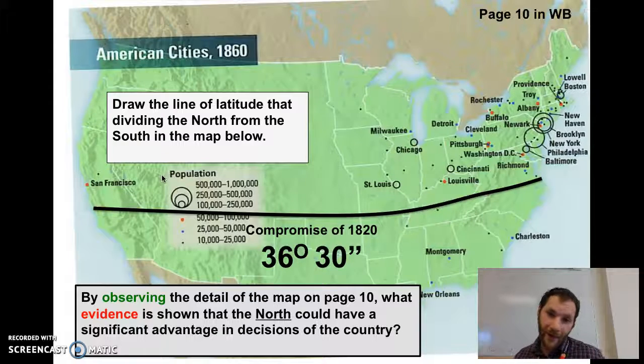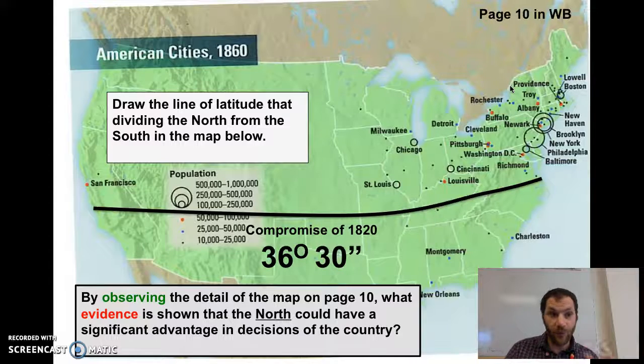Well, if you haven't thought of anything yet, one of the main things we're looking at in this map is population. The majority of the population in the United States in 1860 was in the North, and we had huge cities. This was pretty much the epicenter of the country.